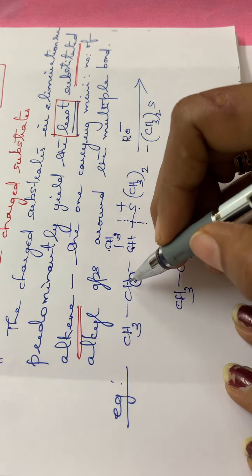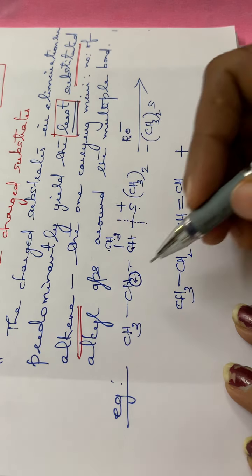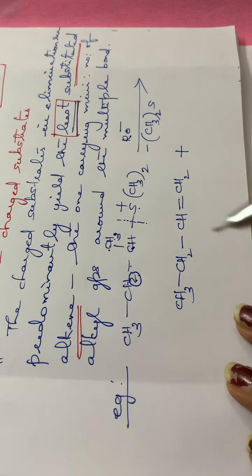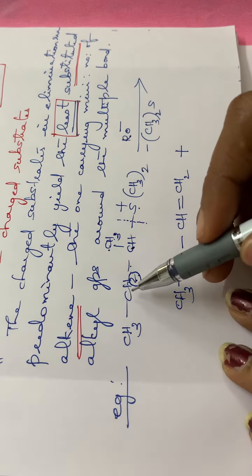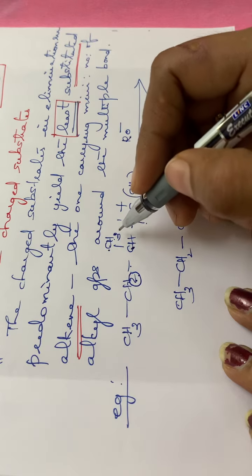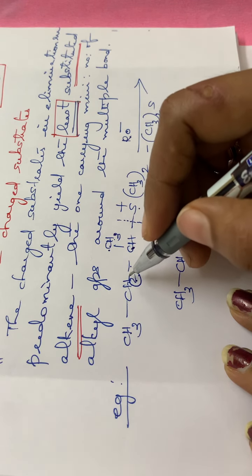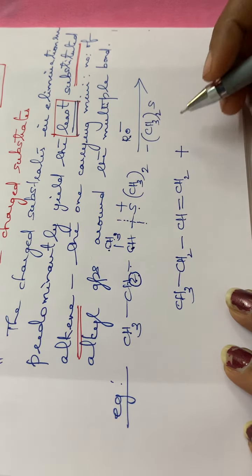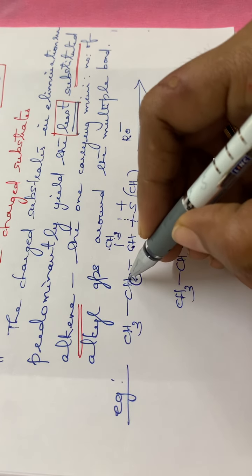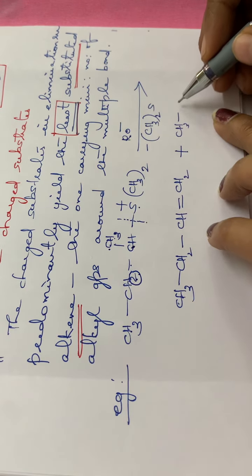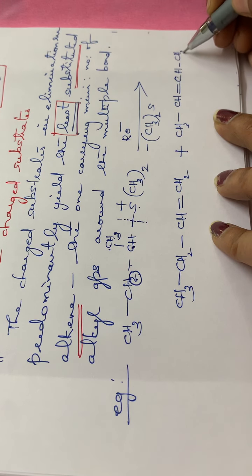It becomes CH3, CH, double bond, CH, CH3. Okay, this proton can be eliminated from the third carbon atom, or we can say that this is the second chance. Okay, so in the first case hydrogen can be eliminated from this position, and in the second case hydrogen can be eliminated from this carbon atom. So the product will be CH3, CH, double bond CH, single bond CH3.